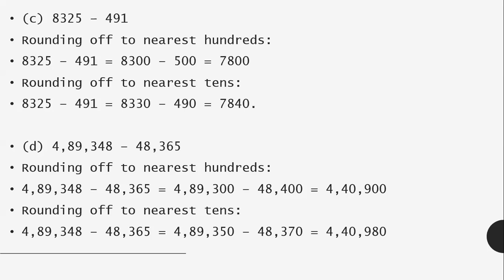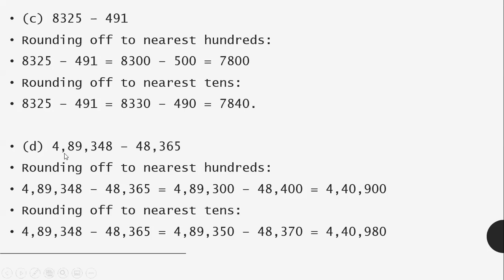When we take the same numbers for the nearest tens place approximation, 8,325 is approximated to 8,330. And 491 can be approximated to its nearest tens place value, that is 490. We get a difference 7,840, which is a closer estimate to the exact answer.